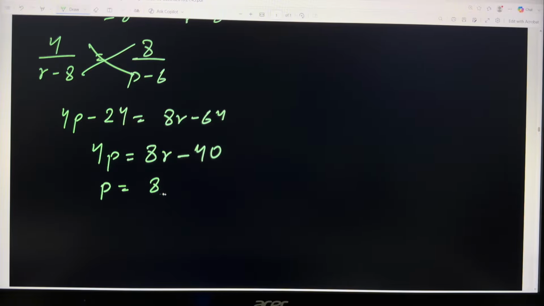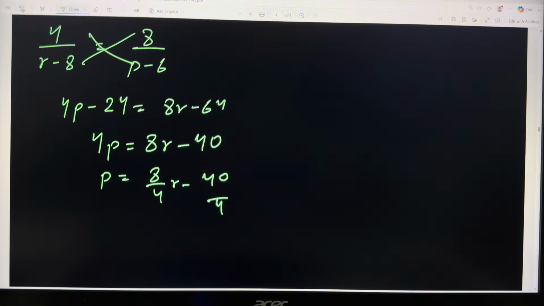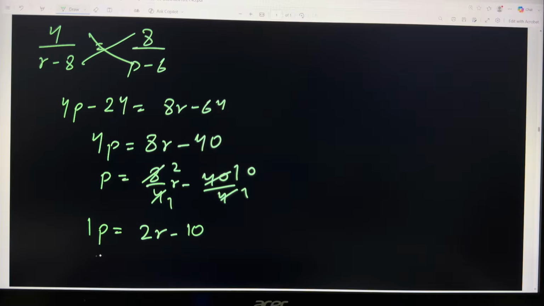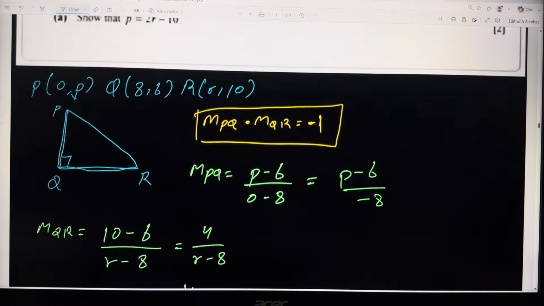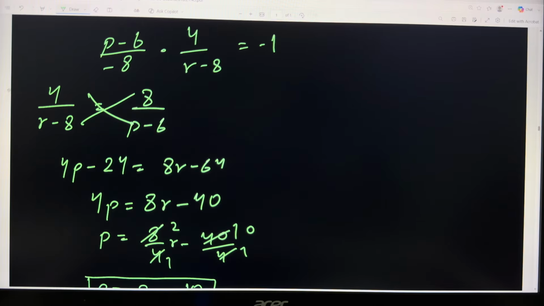This becomes 8 upon 4 r minus 40 upon 4. I just place it on both of the terms. So 4 1s are 4 and then 4 2s are 8, 4 1s are 4, 4 10s are 40. This becomes 2r minus 10. I think we proved it. Let's see the question. Yeah, so 2r minus 10, we got that.